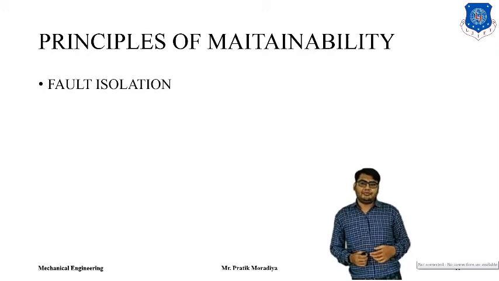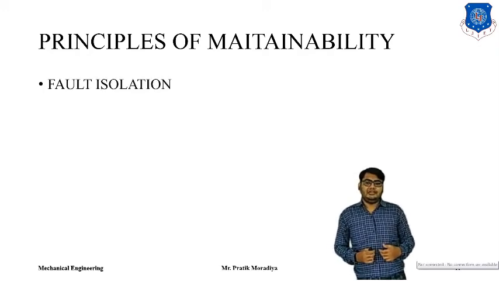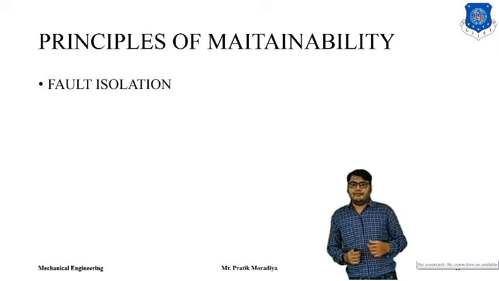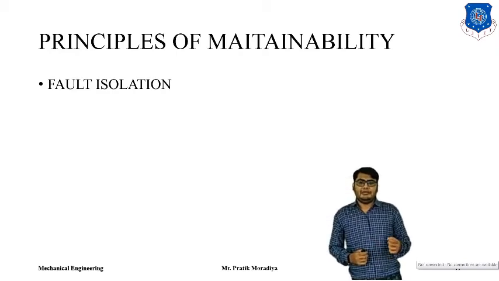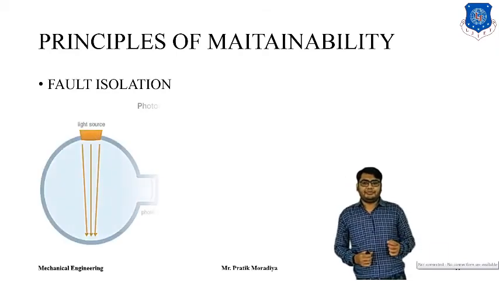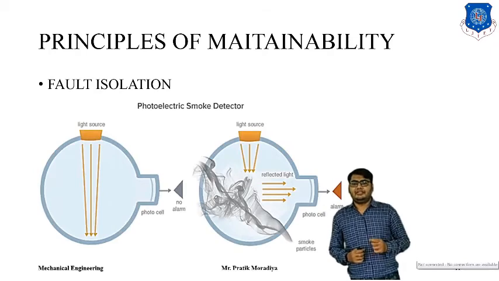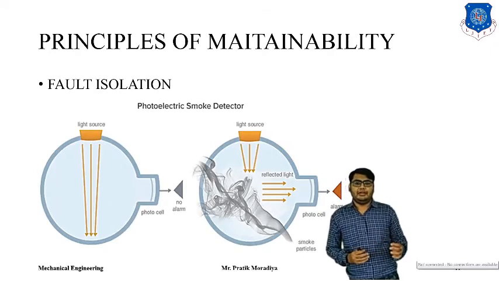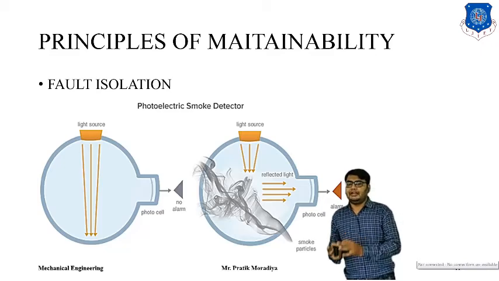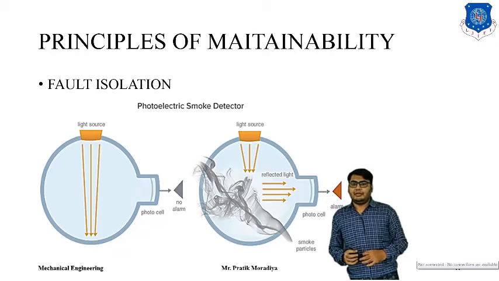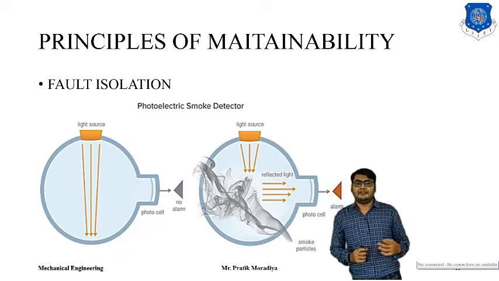And also, fault isolation is important. When you detect a problem, when you know that there is a problem, then the second step should be to make sure that the problem does not spread. It should be isolated at its place only. If it spreads, then it will result in a very big problem. It may be catastrophic.